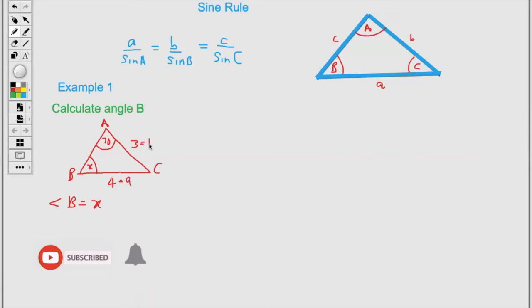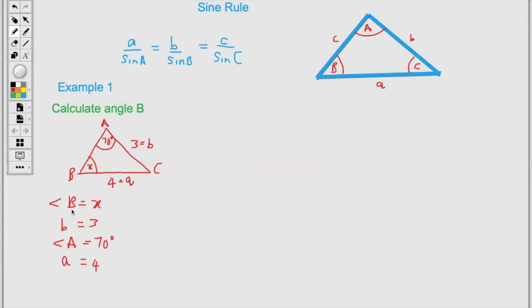So side b is equal to 3. We have angle A. The next information that we have is side a. Side a faces angle A, so side a is equal to 4.